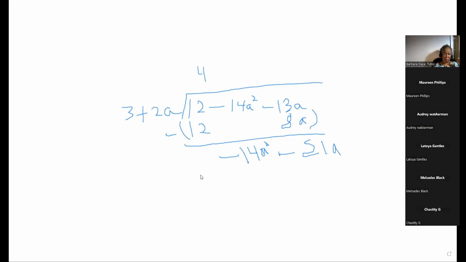That's how I got the negative 7a. Okay, so you said 2a into minus 14a squared, and that gave you what? Minus 7a. Okay, let's put here minus 7a.